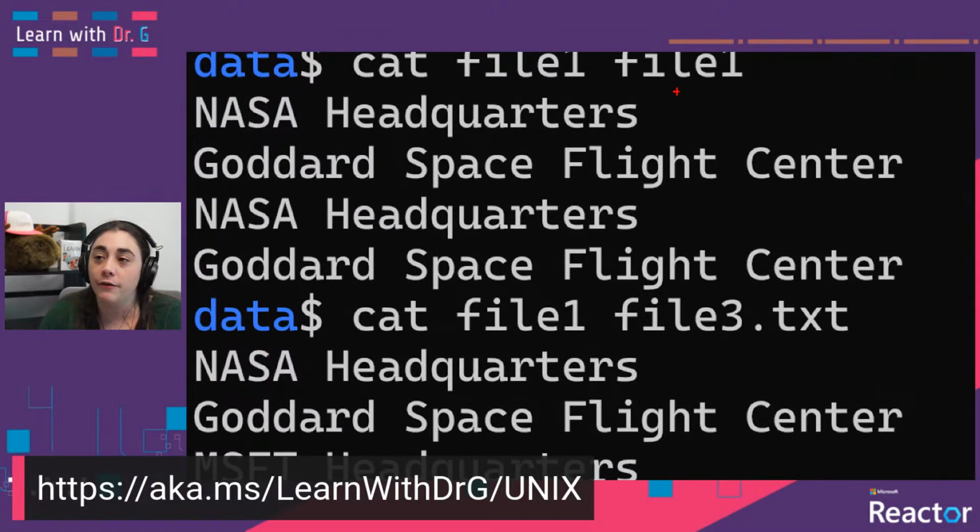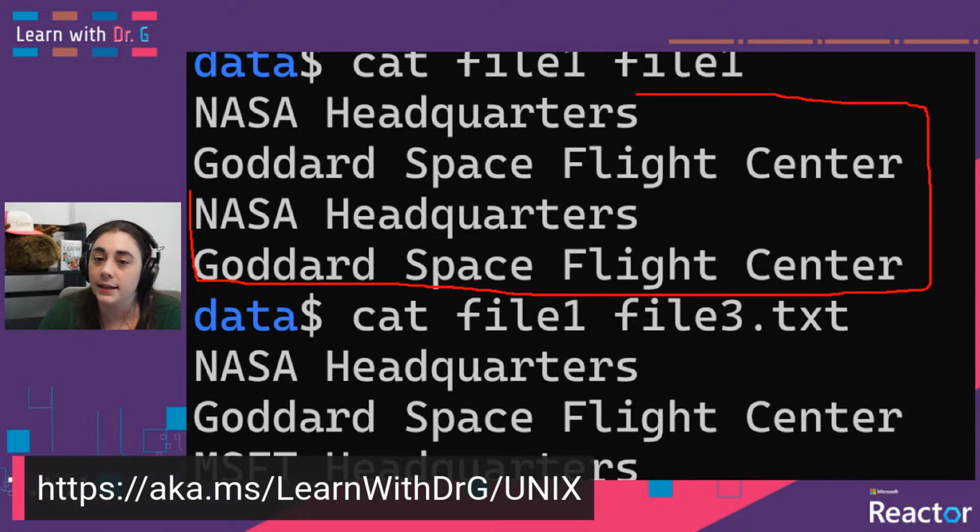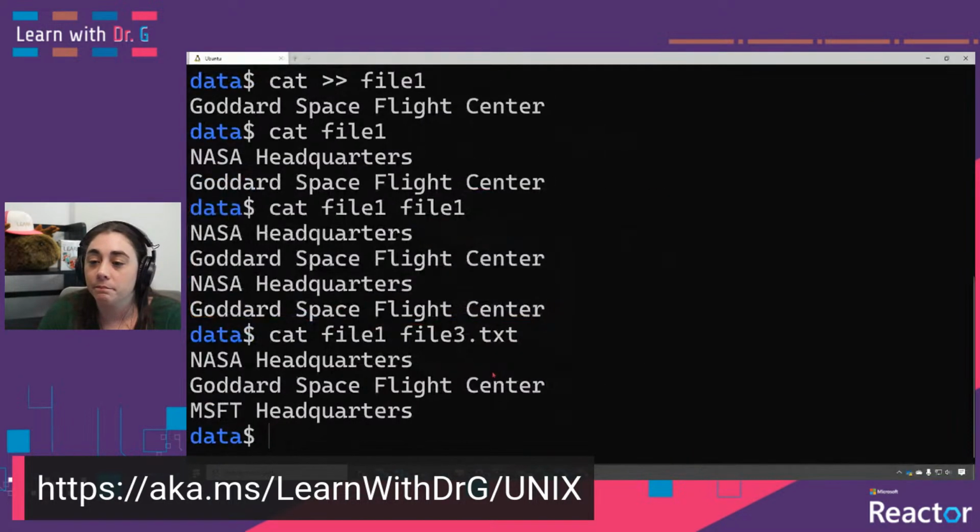So cat file 1 twice has the same file printed twice. And cat file 1 file 3 has file 1, which had these 2, and then Microsoft headquarters at the bottom. And that's just displaying it.